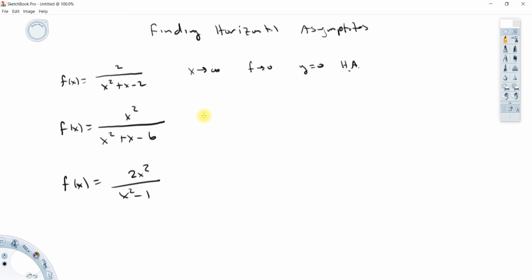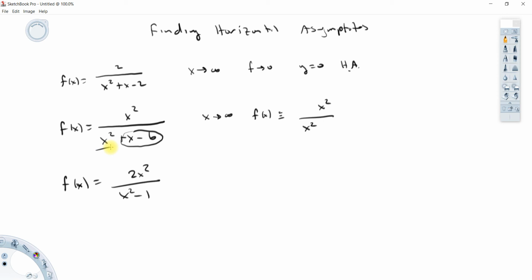All right, when x is large, so like when x goes to infinity here, then this function is approximately equal to x squared up top and just x squared in the bottom. Because when x gets really large, these two terms here and here don't matter compared to this. I mean, try it.